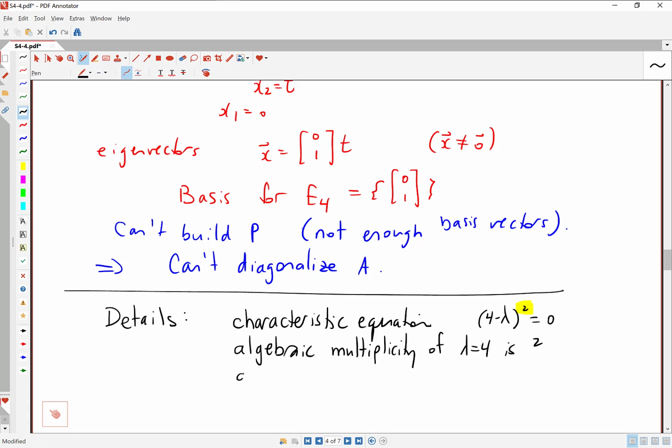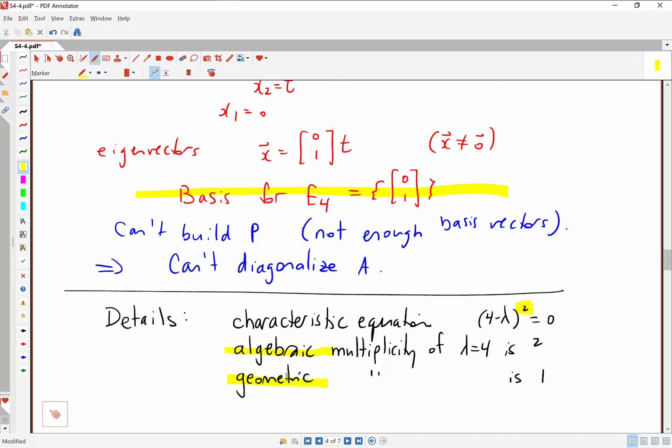And then the geometric multiplicity of lambda equals 4 is 1. Geometric multiplicity is talking about how many basis vectors you have in that eigenspace. Well, we found our basis for E4 up here, and there was just a single basis vector. So the fact that the geometric multiplicity is strictly less than the algebraic multiplicity is just a very technical way of saying we don't have enough basis vectors.